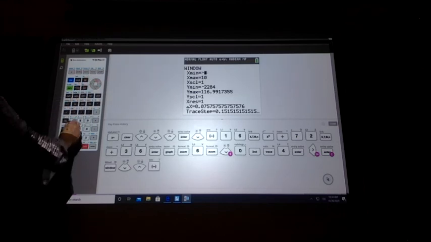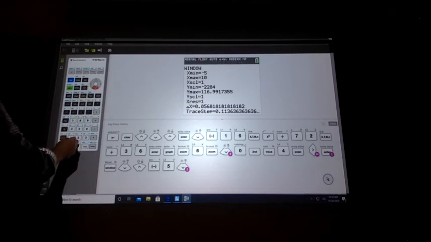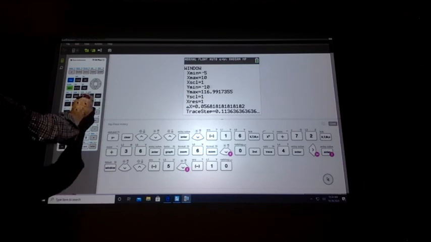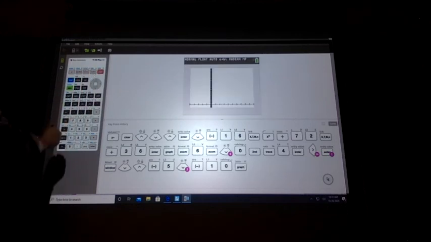Let's go negative 5 there. And I'm not too worried about this. I'm going to go like negative 10 in the y minimum. That works, graph. So what I did there is I've changed my window so it looks a little better.